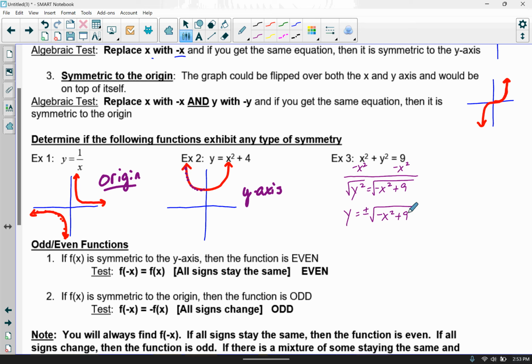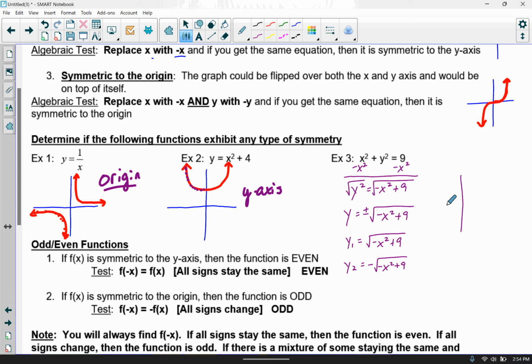Now, you don't have a plus or minus button in your calculator, so what needs to happen is that you will go to y1 and put in the positive square root of negative x squared plus 9. And then you'll go to y2 and put in the negative square root of negative x squared plus 9. And then you'll hit graph.